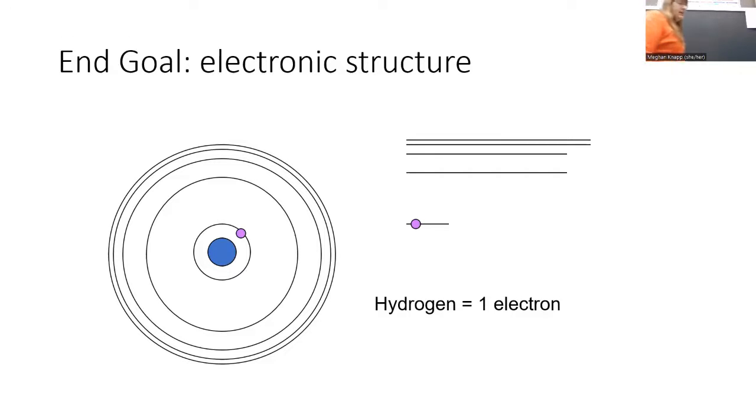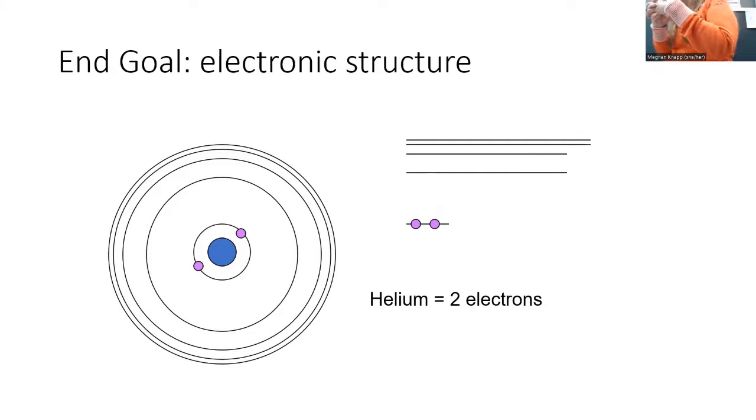So if I have a hydrogen atom, it has one electron that fits in that one spot. And if I have helium, it can also fit another electron in that spot. But because that is so close to the nucleus, so small, that's the easiest way to think about it. That's not the real story of what's going on here, but we only can fit 2.